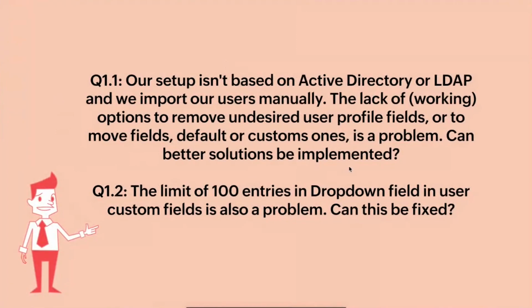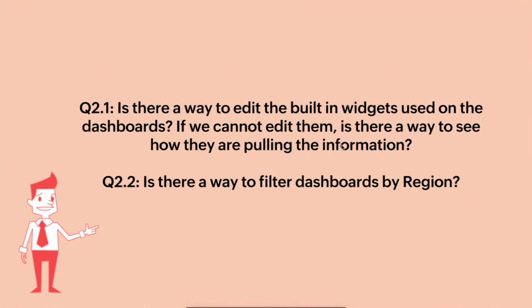Awesome. So let us jump to the third question. Is there a way to edit the built-in widgets used on the dashboard? If you cannot edit them, is there a way to see how they are pulling the information? Well, most of the widgets are displayed in the product based on the SQL queries which are sent at the backend.